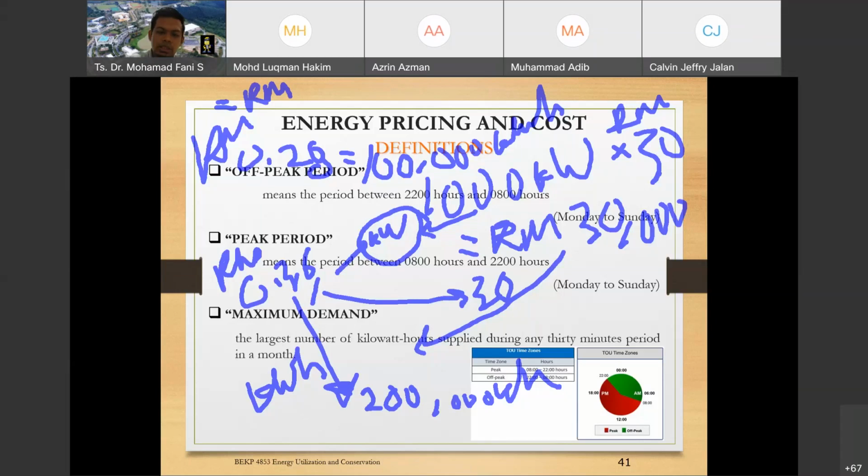Let's consider that this value is for 1 month, 100 kilowatt hour in 1 month. And for the peak period, 200 kilowatt hour for 1 month. So please get the electricity cost for 1 month.